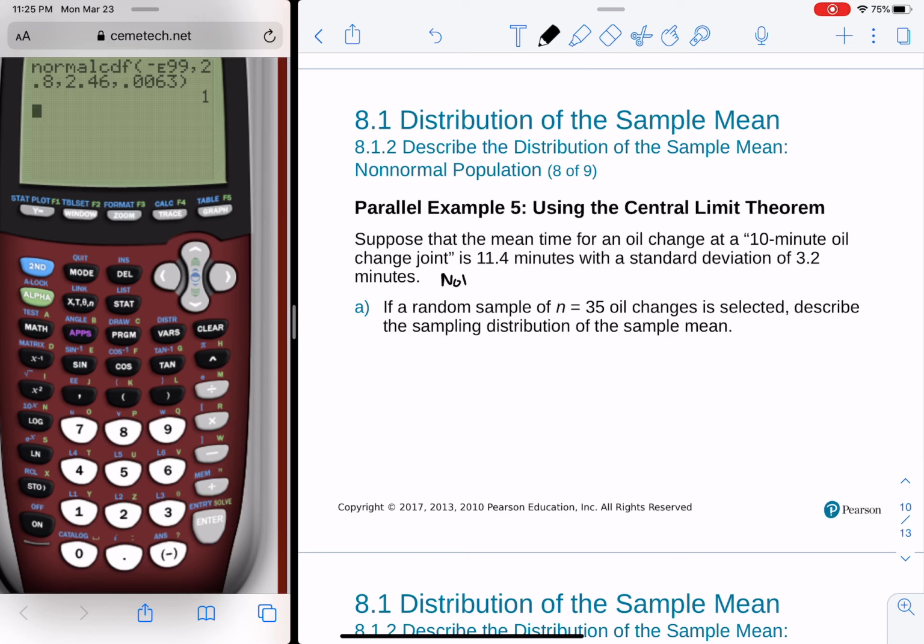Note the phrase normal distribution is missing in action, but the sample size is 35.